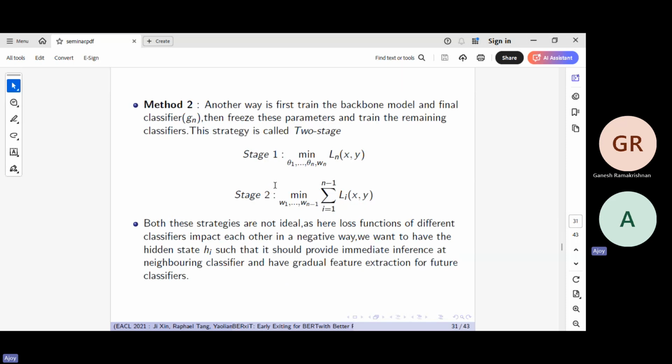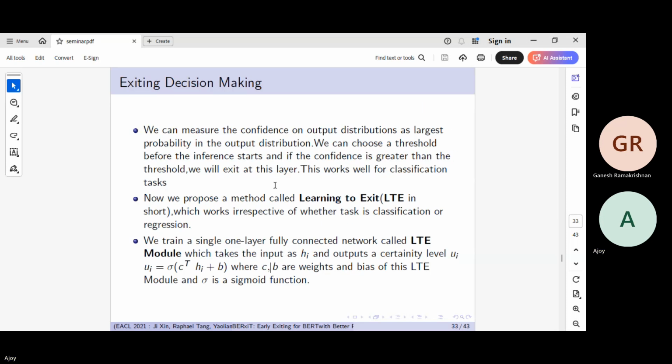In the second method, first we train the last classifier L n and the entire model based on this L n, and freeze the weights of the transformers and the classifier. In the second stage, we take the sum of losses of the remaining n minus 1 classifiers and find the weights of these n minus 1 classifiers.